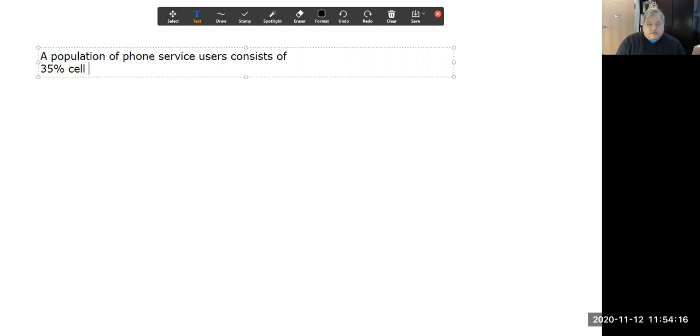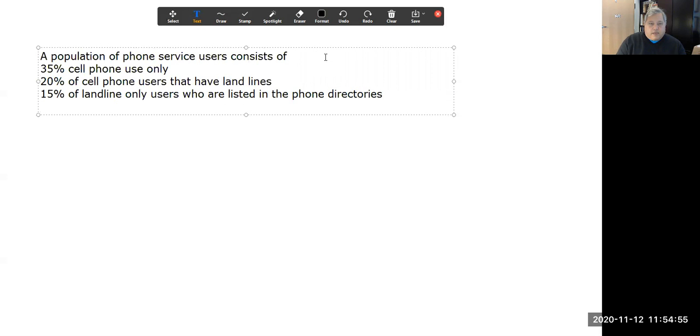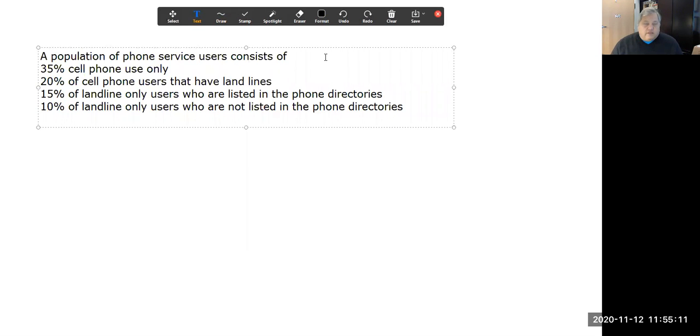35% cell phone use only, 20% of cell phone users that have landlines, 15% of landline only users who are listed in the phone directories, and 10% of landline only users who are not listed in the phone directories.